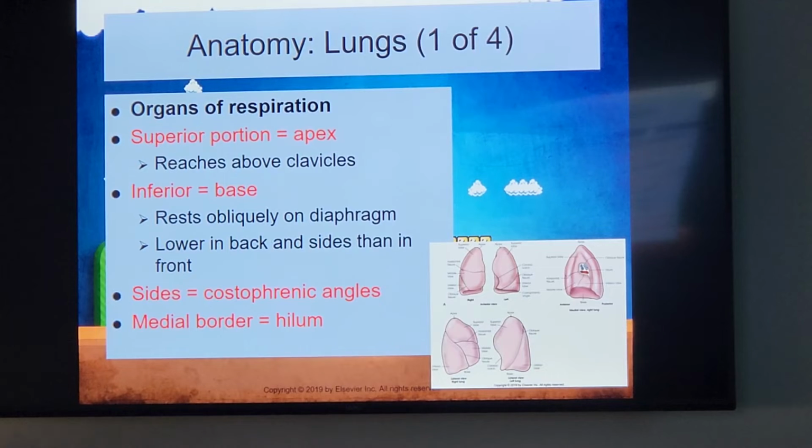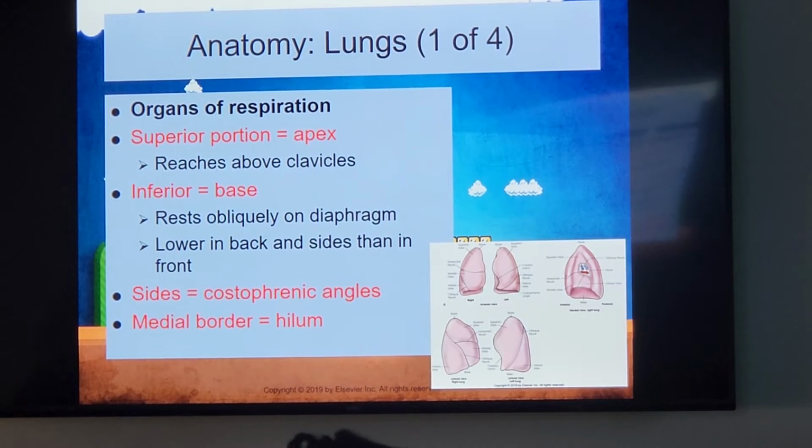All right, so now we finally get to talk about lungs, our organs of respiration. The superior portion of the lung is called the apex, and it almost always reaches above the clavicles. The inferior portion is called the base, which rests on the diaphragm.